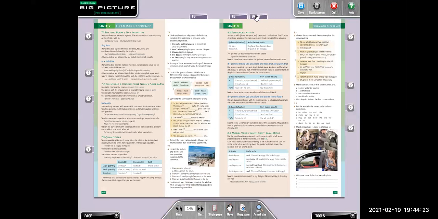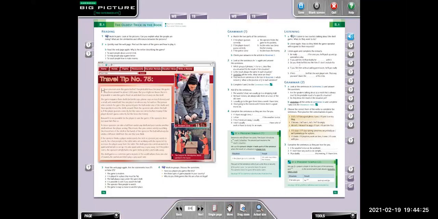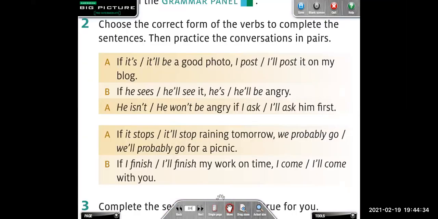Let's go back to page 84, 85, okay? Here you have another exercise that I want you to complete. Choose the correct form of the verbs to complete the sentences. Okay? So, es lo mismo, el mismo ejercicio, traten de hacerlo solos y luego lo revisamos. Okay?